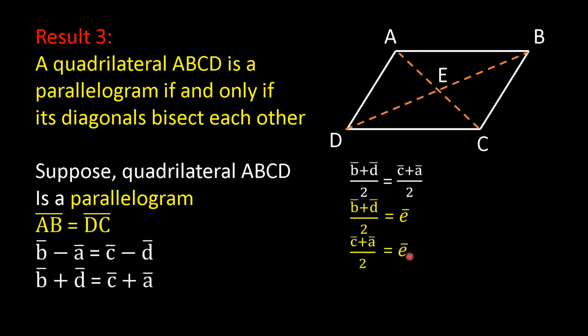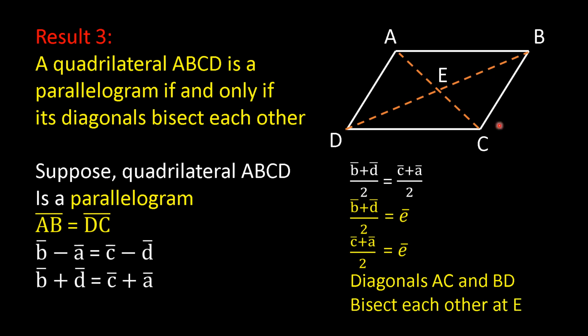Since the position vector of the midpoint of diagonal BD and AC are one and the same, which is E, therefore we can say that diagonals AC and BD bisect each other at E.